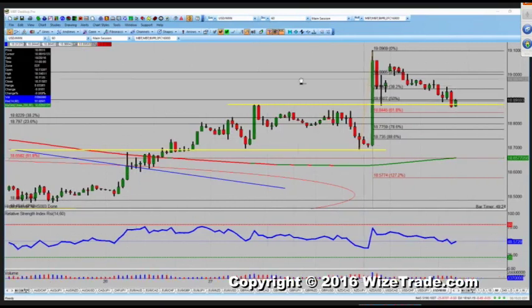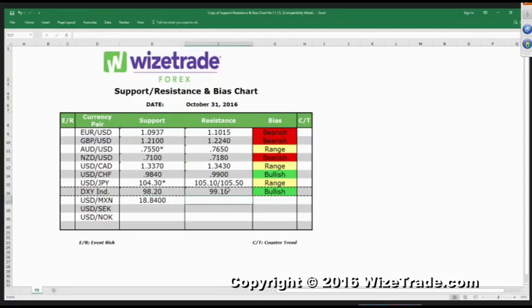Resistance right now is 18.93 currently. And we are range bound.